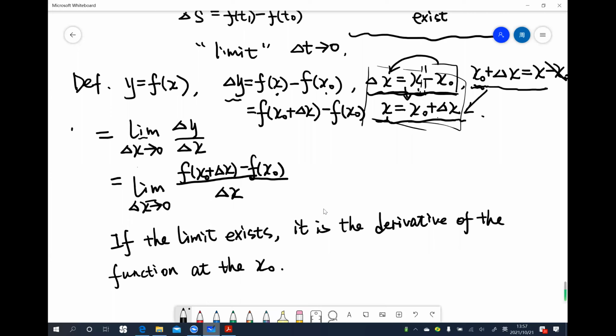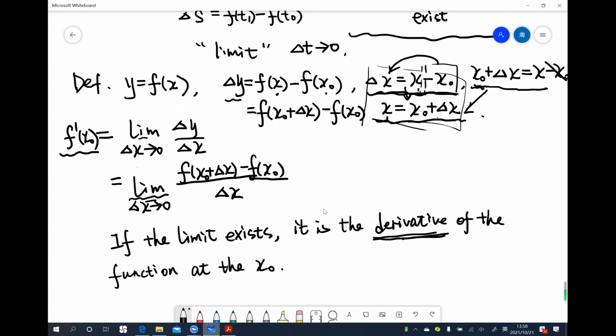We write f prime x0. So this is the definition of derivative. You have to remember that the derivative is actually a limit. And here we will use this symbol to stand for derivative.